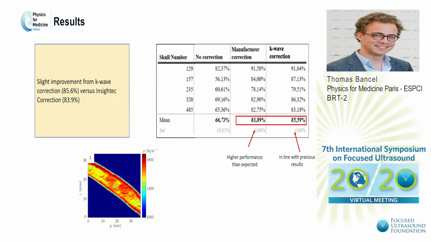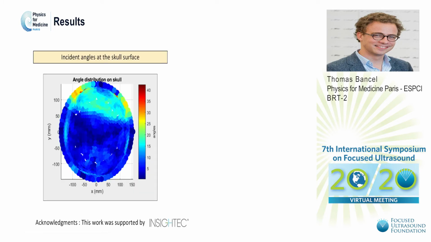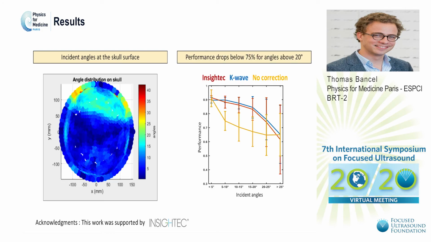And to finish, we were wondering if the fact that both algorithms neglect shear waves is impacting their performance. So to answer this question, we look at the incident angles at the skull surface, and we try to compute the performance of both algorithms depending on the incident angles.